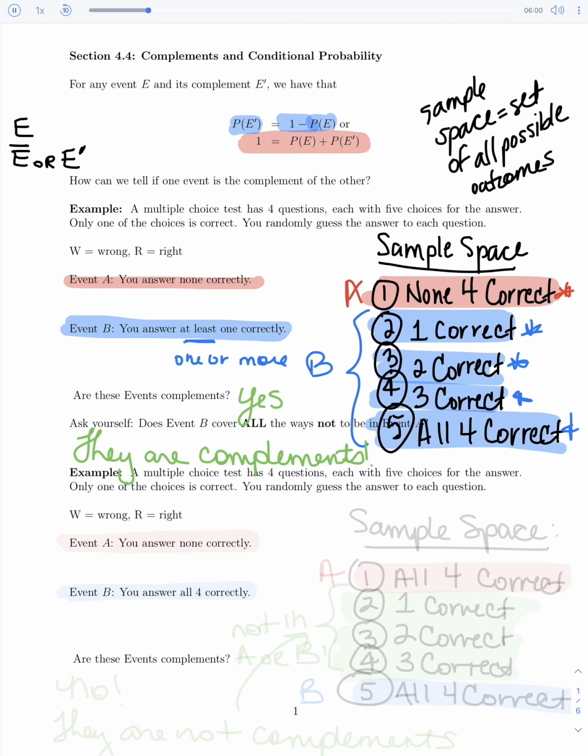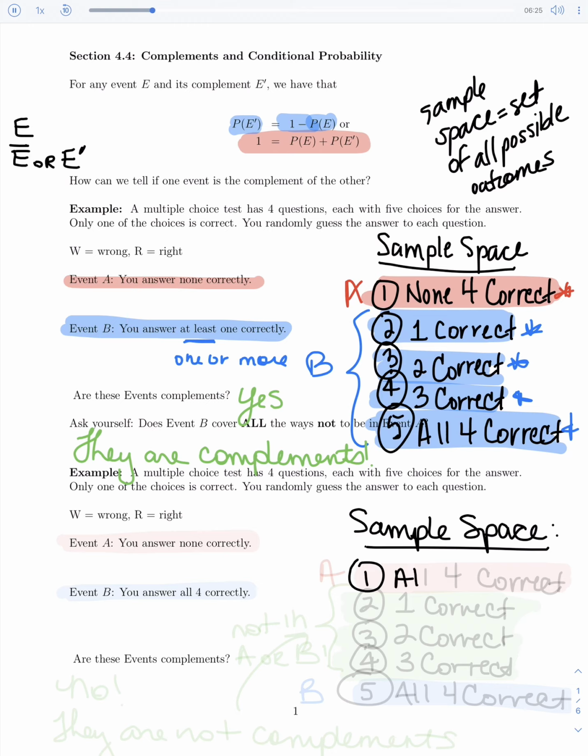Let's try another one. We have a multiple choice with 4 questions again. Let's take a look at this one. So again, whenever you're worried about whether or not something is a complement of one another, you're always going to start by listing out the sample space, all the possibilities. So this is the same example we were just looking at, so it's going to have the same sample space.